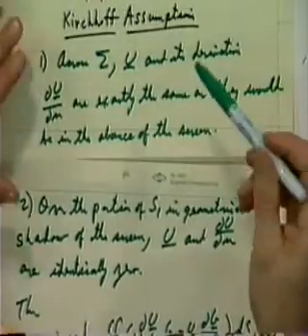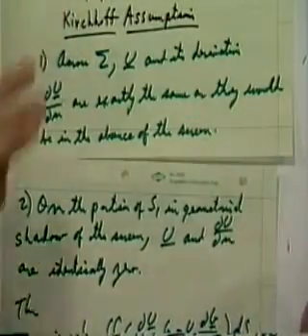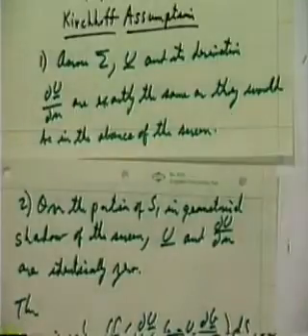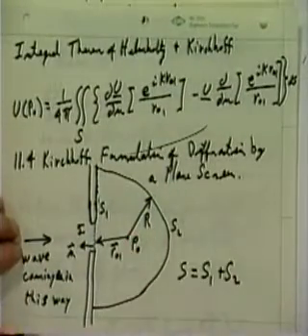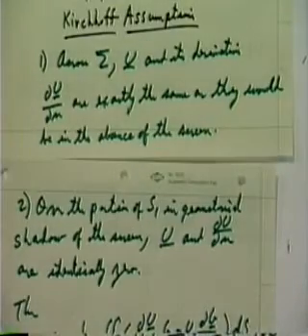Okay, so what we're going to do now is assume that these assumptions are correct, and calculate what the disturbance at point P naught will look like. And so this is section 11.6.